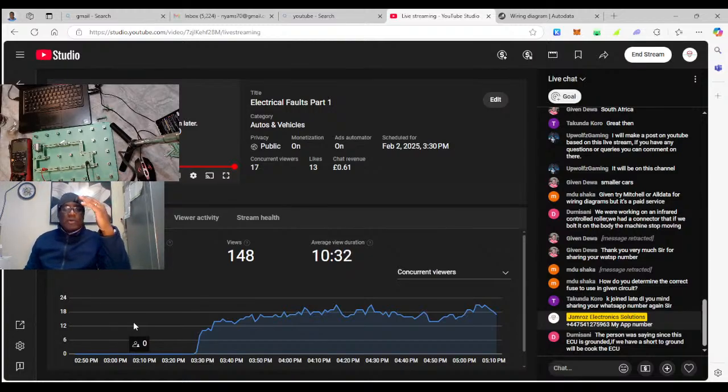One of my boys took a jump pack, and then he forgot to turn it to 12 volts, and it was on 24 volts. ECU gone. This was a Mercedes Benz. So these things do happen sometimes. But I get your question, my brother.